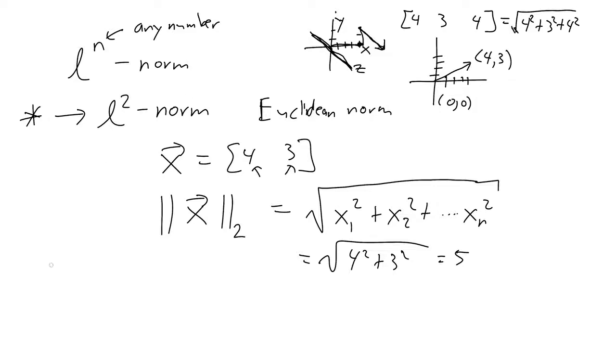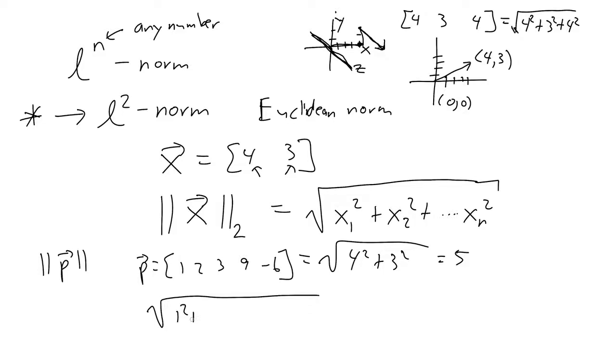But nevertheless, if I ask for the norm of P, where P is defined as 1, 2, 3, 9, negative 6, that is going to be the square root of 1 squared plus 2 squared plus 3 squared plus 9 squared plus negative 6 squared, and you're going to get some kind of answer there. So the default norm always means the distance as the crow flies, which is the Euclidean norm.